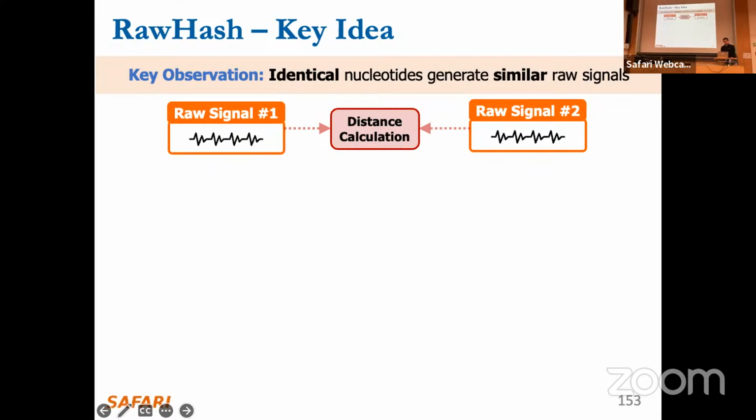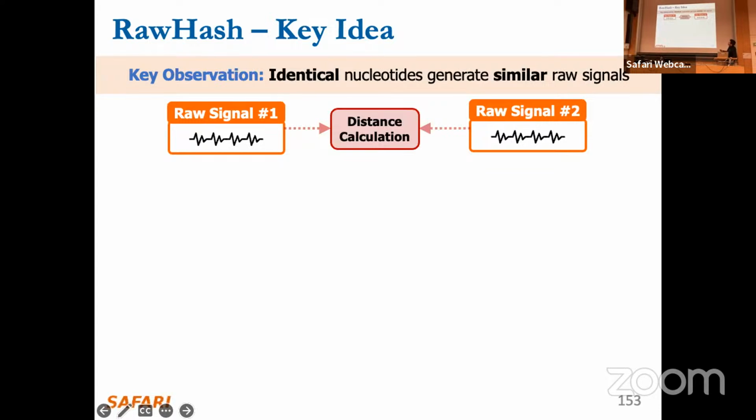So the key observation, which was also utilized in prior works, is that there is noise in raw electrical signals, in raw sequencing data. The noise means that when you're sequencing a particular DNA content, assume you are sequencing ACTG, you'll generate an electrical signal.